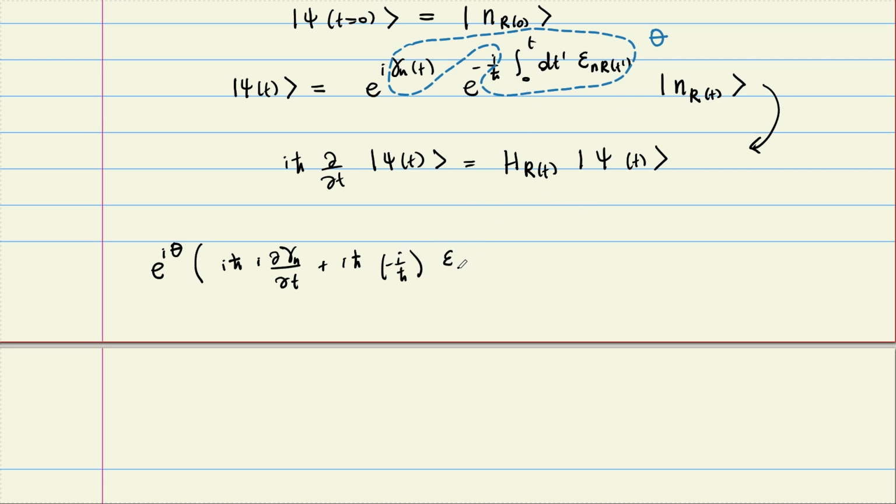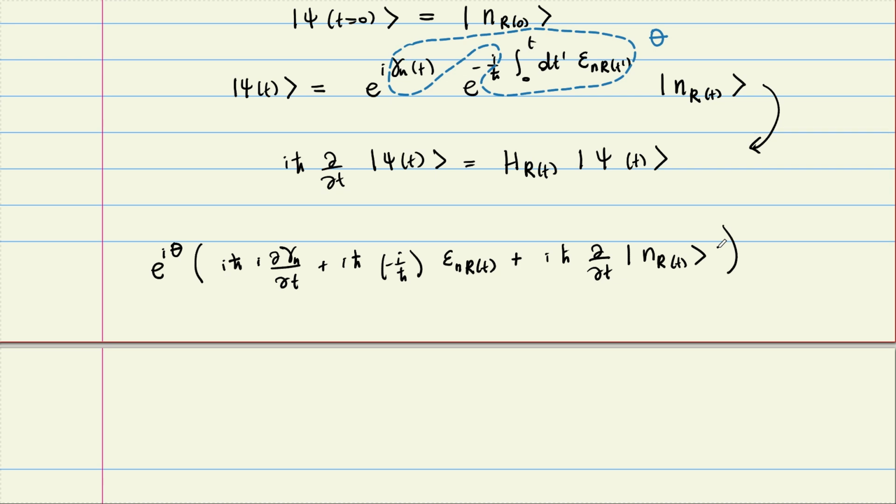So this is going to be e n of R at t. And lastly, the derivative acting on this guy is going to be i h bar del t n of R of t.